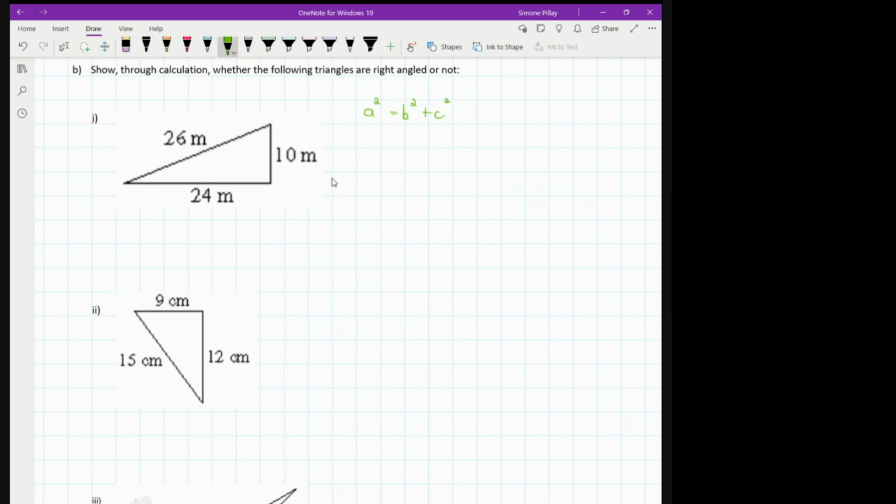Can you guys tell me which side? Unati, yes. Ma'am, you're going to substitute a squared with 26 squared. Thank you very much. Did you just want to answer that, or do you want to do the rest? No, ma'am, I just wanted to answer that. Okay, thank you very much.